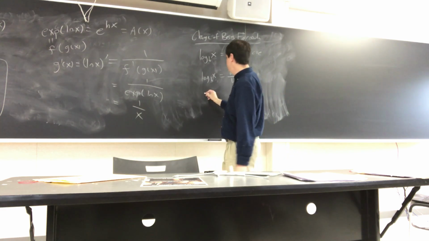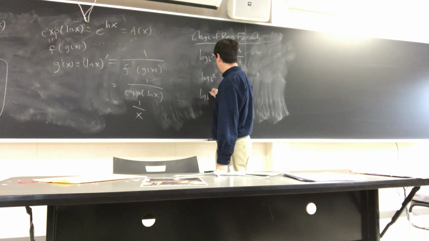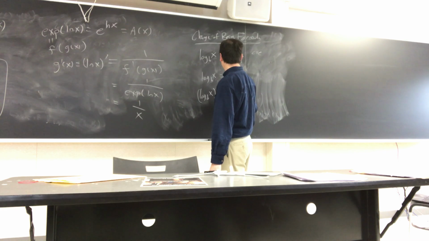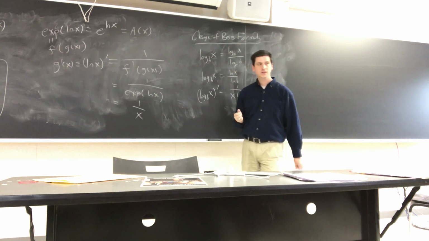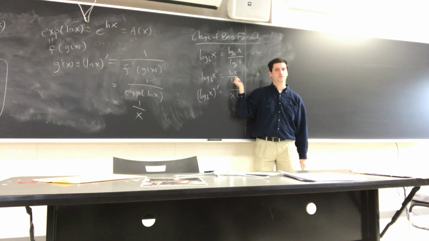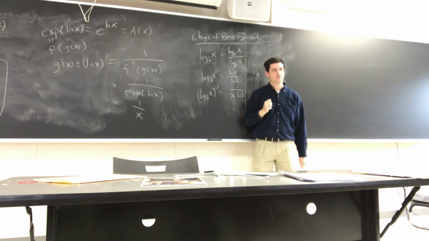And so now, if you take the derivative of the log of x base b, you get 1 over x natural log of b by the constant rule. No need to use the quotient rule here. This is just 1 over log b times the natural log of x.